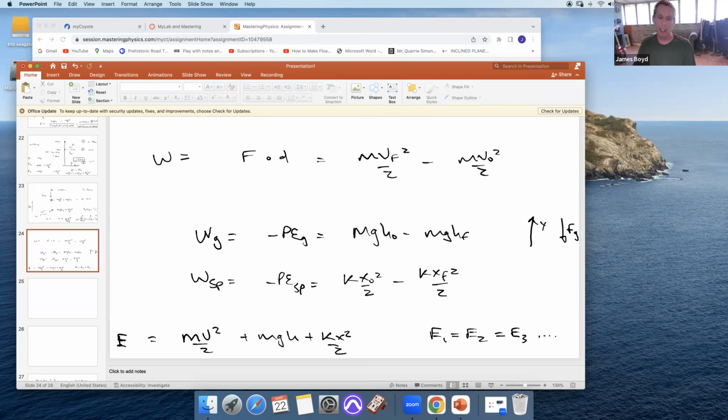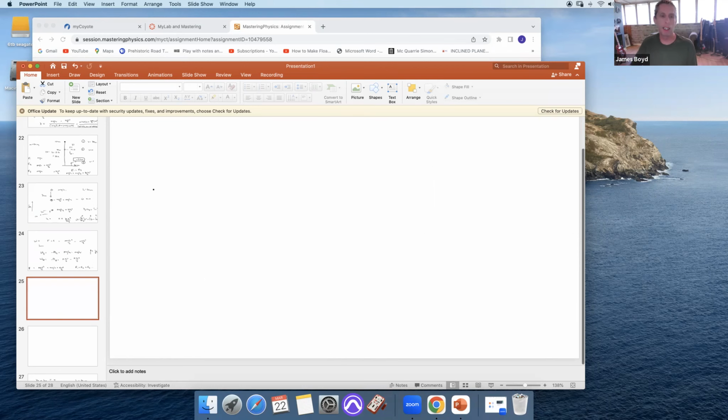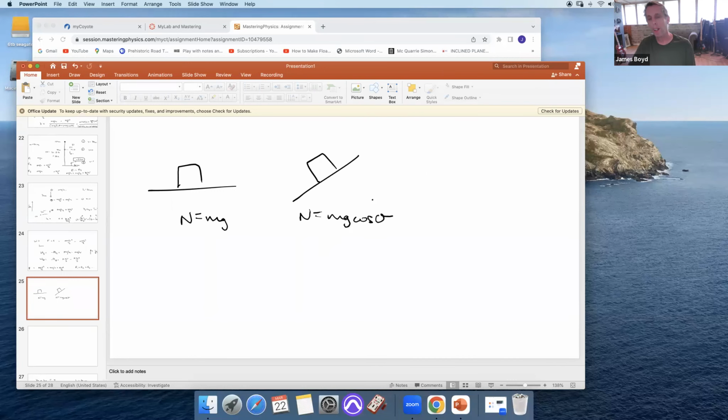If they're not attached to the spring and they leave the spring at some point, they won't have spring energy anymore. And you choose where the height is 0. We've done that a bunch. The last thing is the normal force is mg for a horizontal surface and mg cosine for an incline.